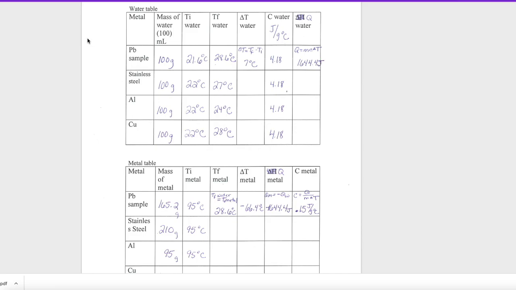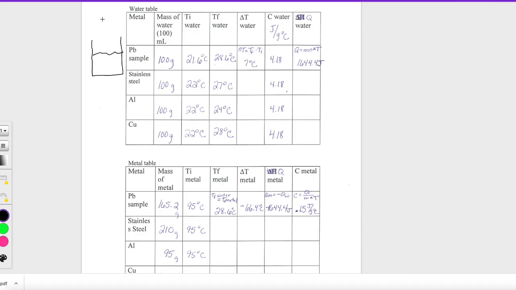So what the student did is the student took a calorimeter, which is basically an insulated cup, and they put some water in the cup and measured the initial temperature of the water, which was 21.6.